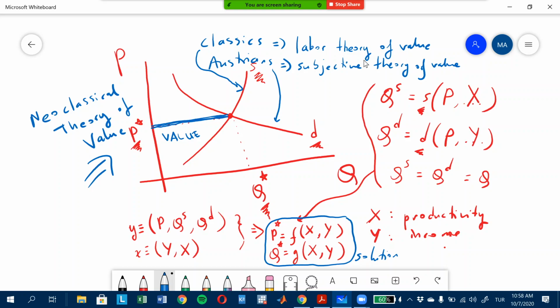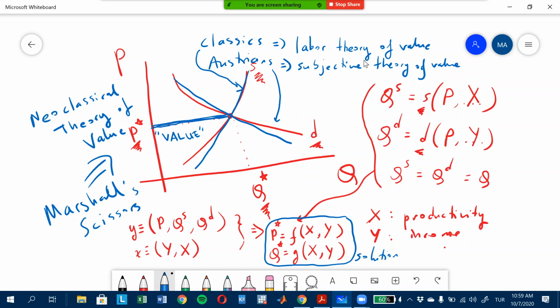But in the neoclassical theory of value, which we can associate with Alfred Marshall, this is actually called Marshall's scissors, because there is a scissor here, right? Supply and demand. The only value, according to the neoclassical analysis, that can be objectively studied is the price, the exchange value of a good or a service.